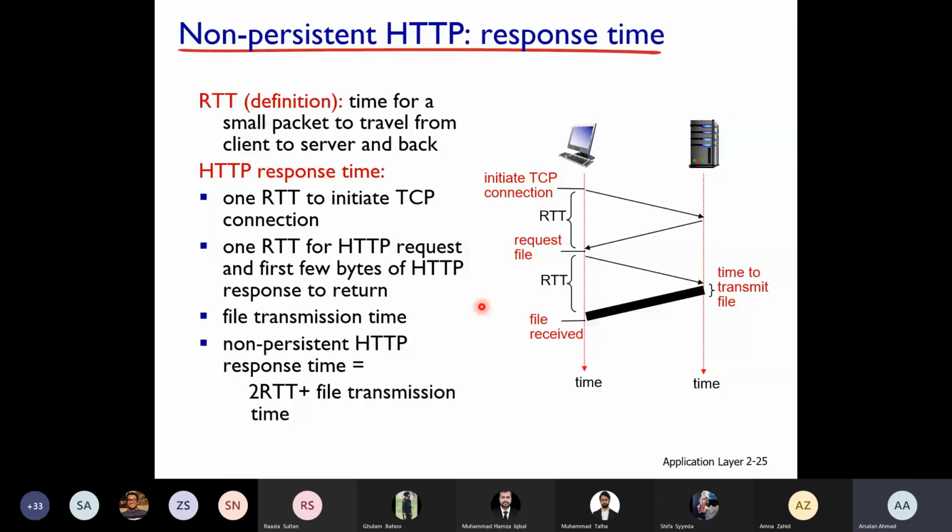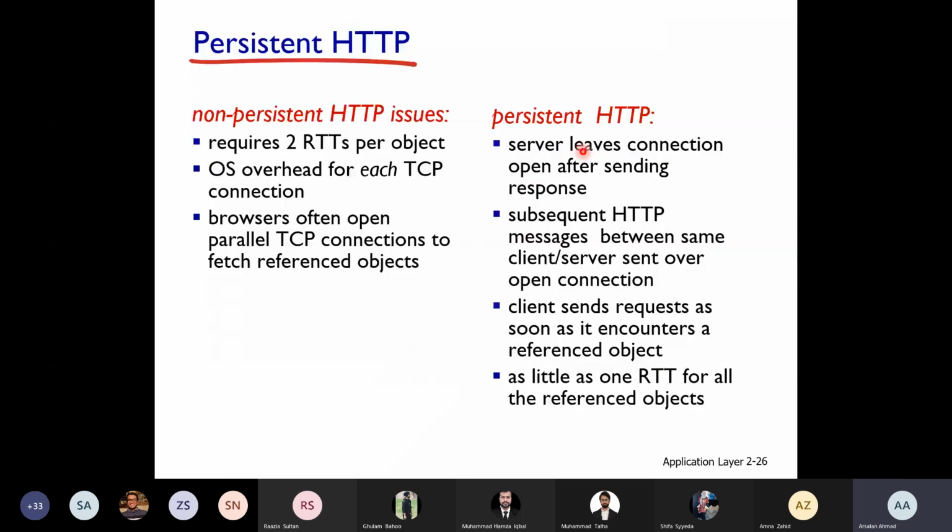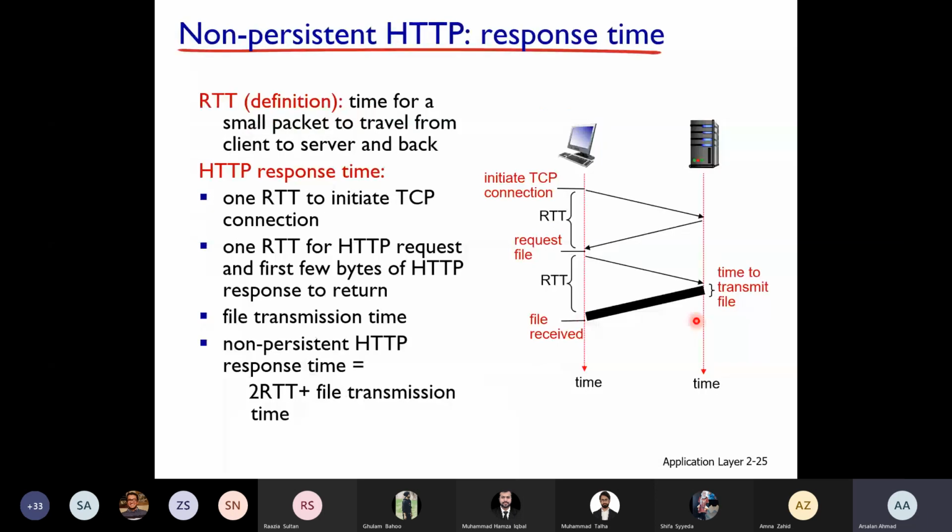And if it would be a persistent HTTP, in that case the server leaves the connection open after sending the response. So right here, after sending the response, the server does not close the connection, and then after passing the file, the next request, response, next request, response, and so on.